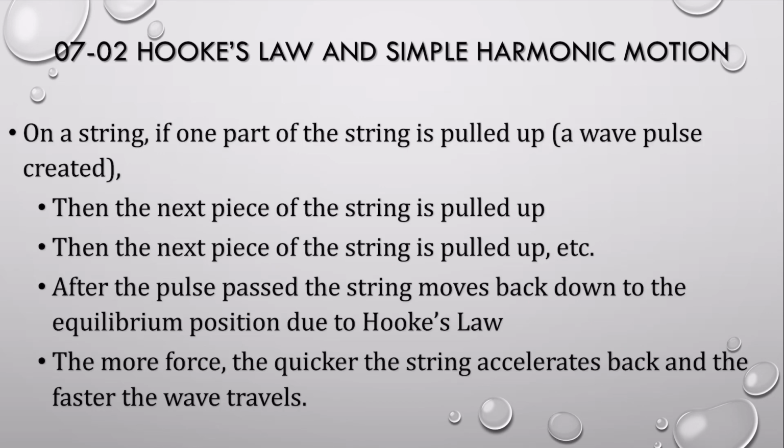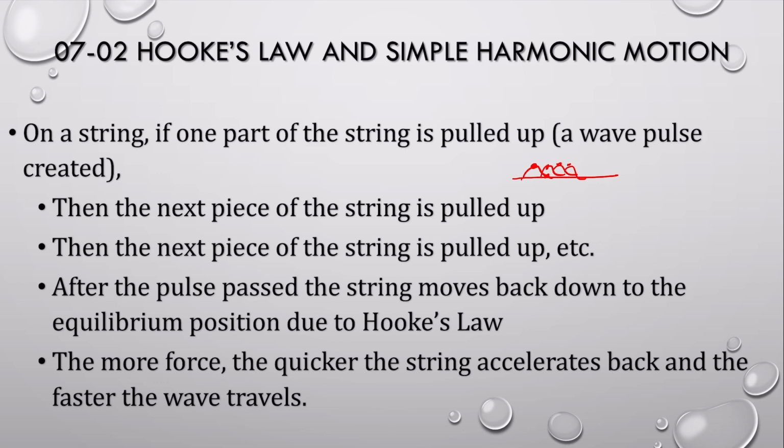On a string, if one part of the string is pulled up, you get a wave pulse. So here's a string. We pull this part up. Then the next piece of string will be pulled up. So that little bit is going to pull up this next little bit, and then that's going to pull up the next little bit of string, and then that'll pull up the next little bit of string. After the pulse passes, the string moves back down to the equilibrium position due to Hooke's law.